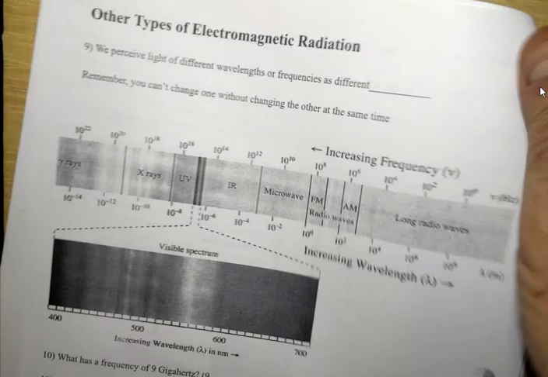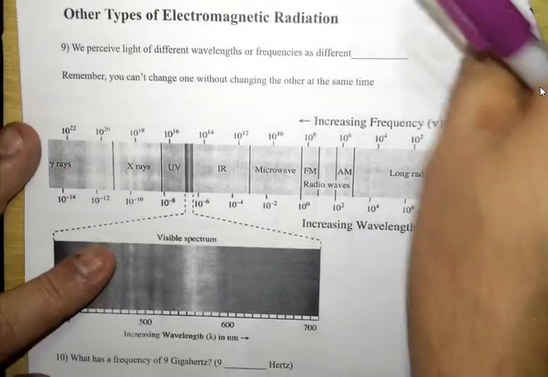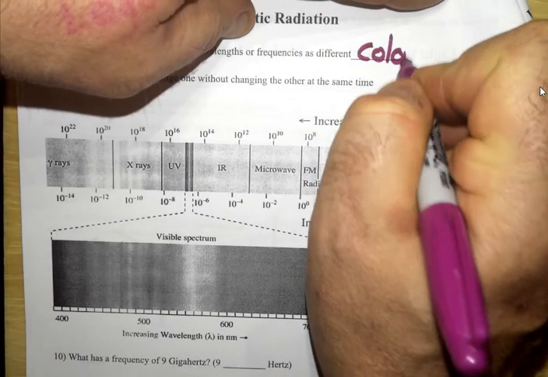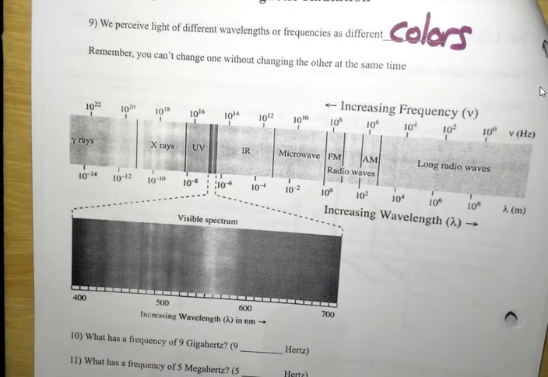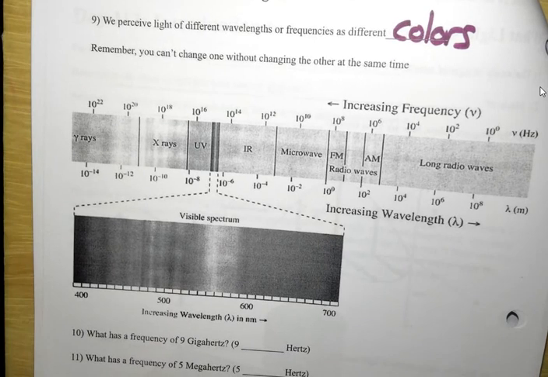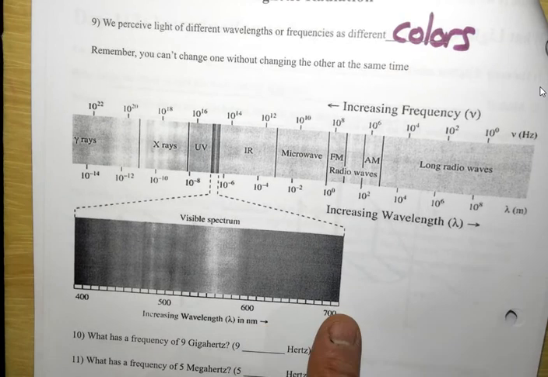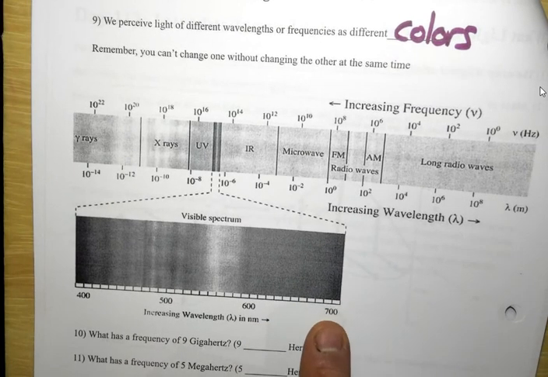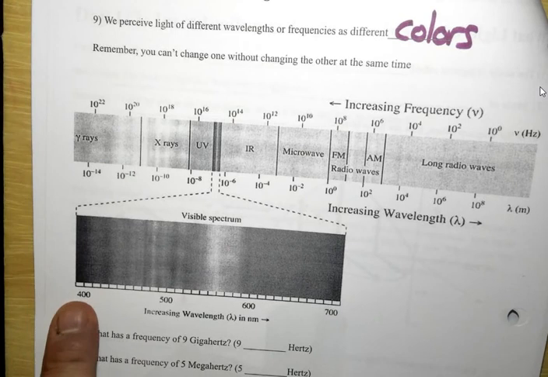Okay, other types of electromagnetic radiation. We perceive light of different wavelengths or frequencies as different colors. Infrared is going to have, let's see here, red down here at this end, 700 nanometers in wavelength, and violet down here at 400.